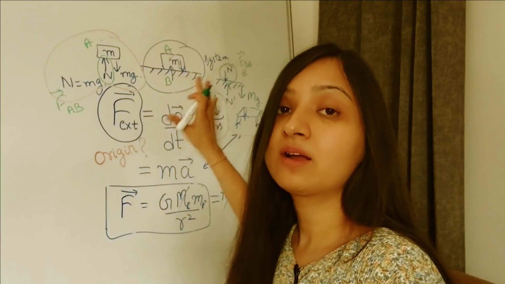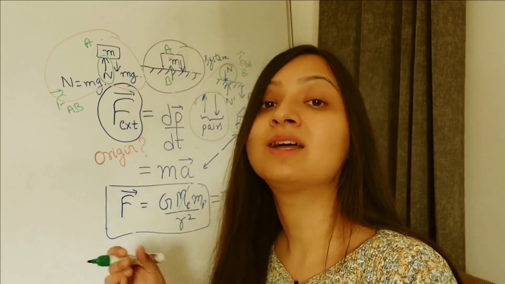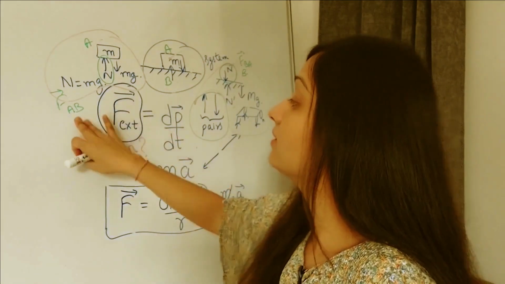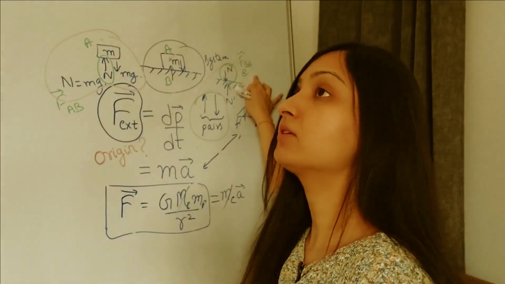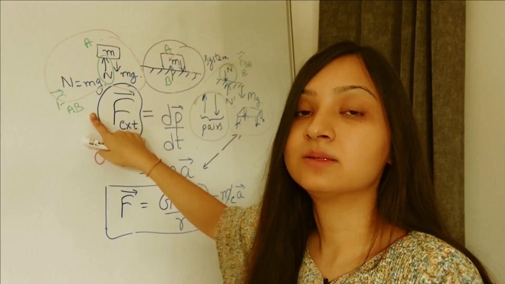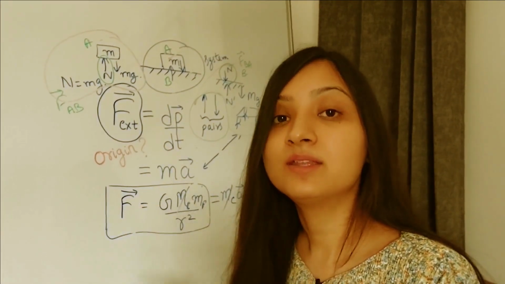They both will occur at the same time. So what do we conclude from this? There is no such thing like action and reaction. I can say this as action and this as reaction, or I can say this as action or this is the reaction, because both of them are occurring at the same instant.